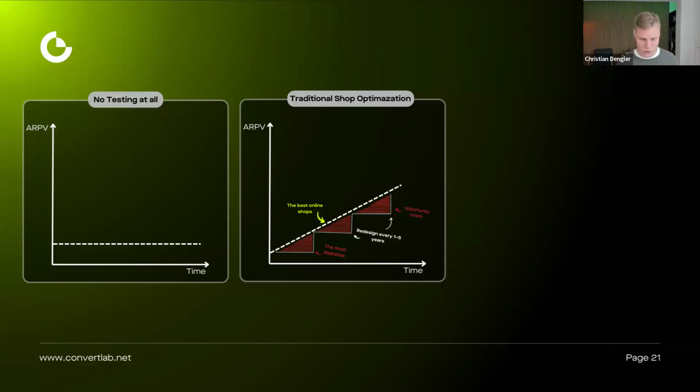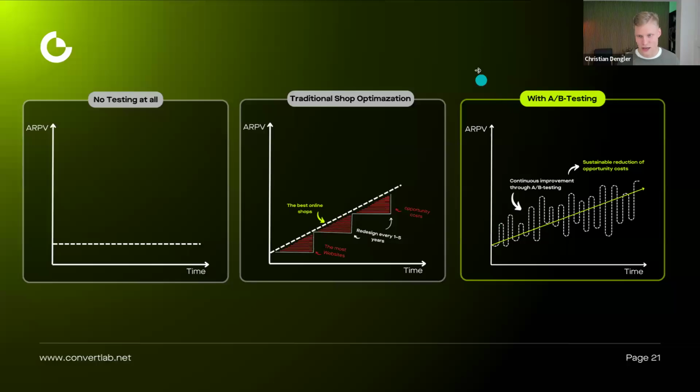However, if you're a bigger store, let's say 2 million in revenue plus, we speak about 5, 6, 10, 20 million in revenue per year, then you should definitely have A/B testing and experimentation in your company as a solid optimization process, for multiple reasons. First reason, as I mentioned before, is risk management.